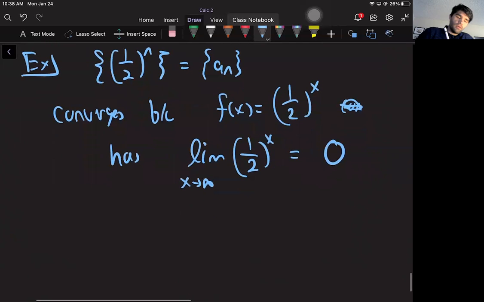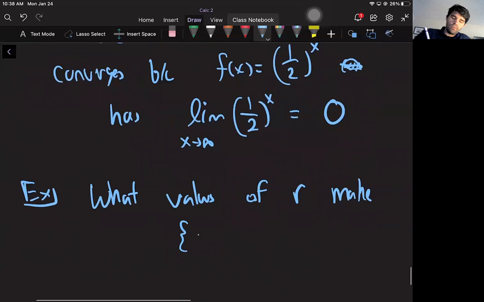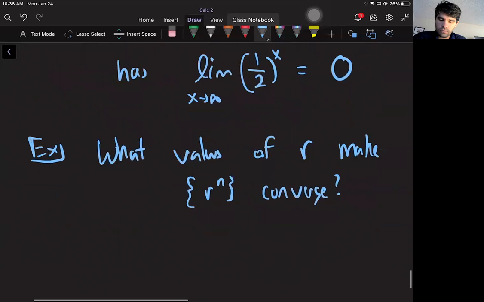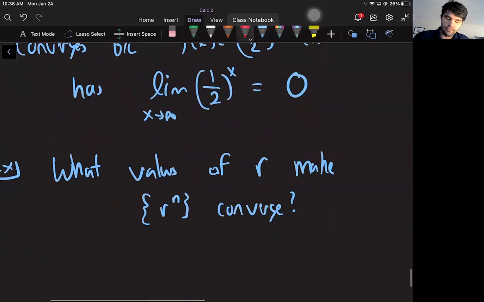So in general, let's try to solve a more general problem. What values of r make r^n converge? We just saw if r is 1/2, it converges.